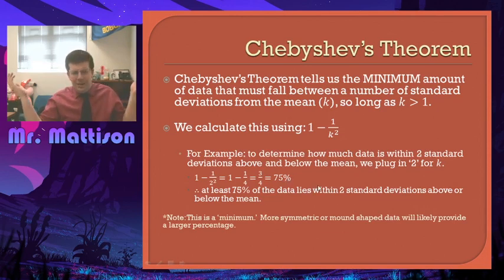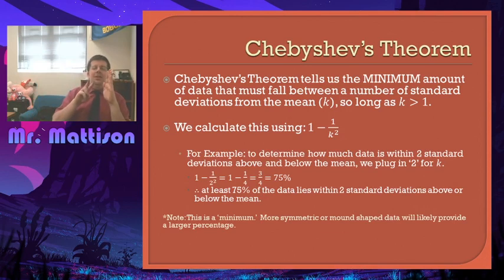So what does that mean and why do I care? What that tells us is that 75% of our data is guaranteed to be within 2 standard deviations above or below the mean. So let's think back to that height, right? If my average height is 5'6", my standard deviation is 2 inches. Okay, that's not real data, I'm just making it up, right?